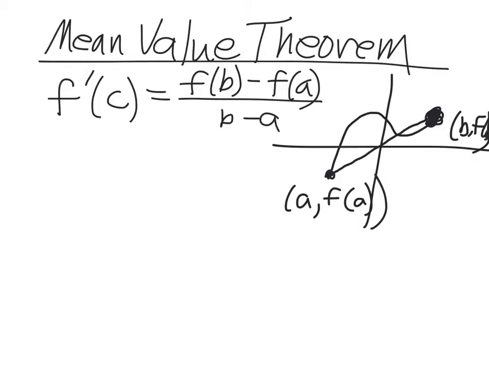The mean value theorem guarantees at least one point in between A and B, we'll call it C in this case, where the slope of the tangent line, or technically the derivative value at C, equals the slope of the line through the two endpoints.